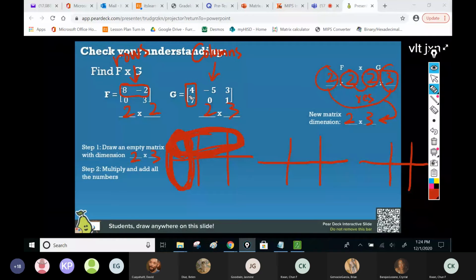Hey, don't forget about the negative in front of the 2. So 8 times 4 plus negative 2 times 7. I'm going to compute this. 8 times 4 is 32, plus negative 2 times 7, which is negative 14.